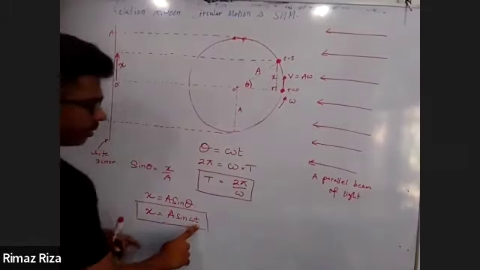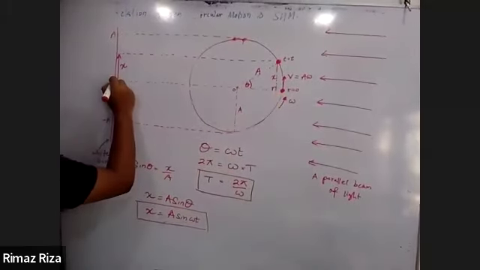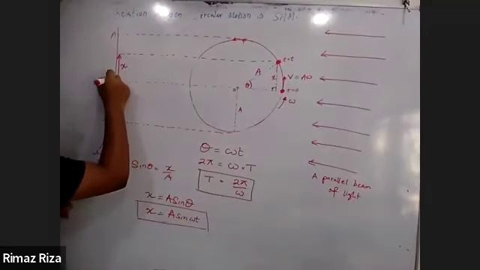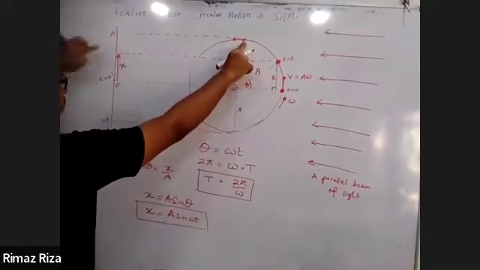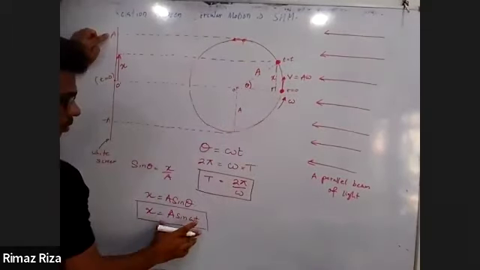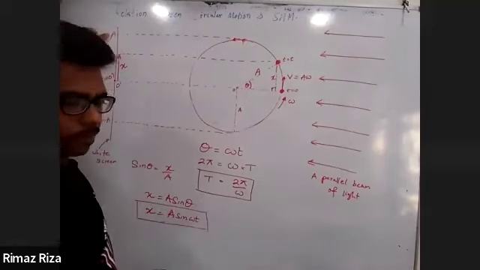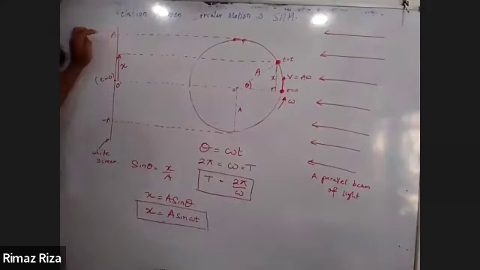Here you should note that time is measured from the center, where t equals 0. If the time is measured from here, then the formula will change to A cos omega t. That part I will explain later in a while.